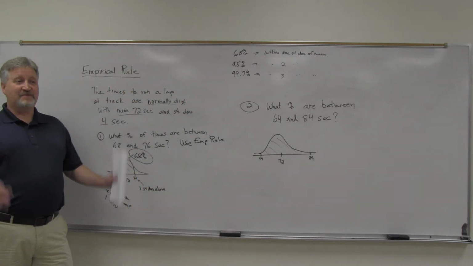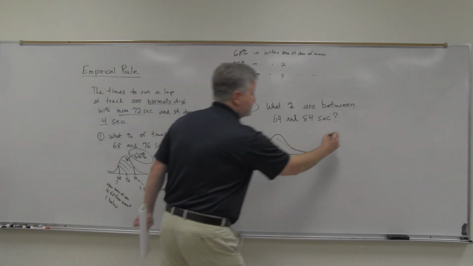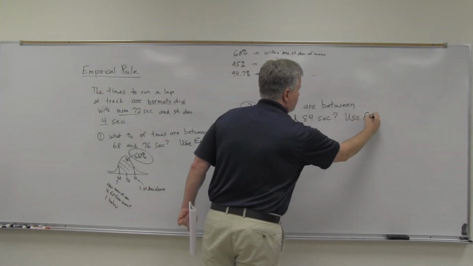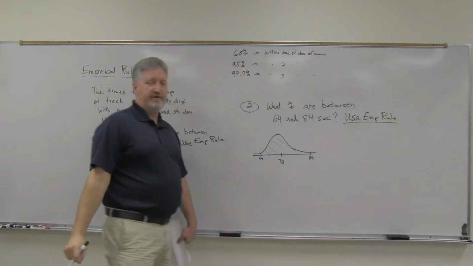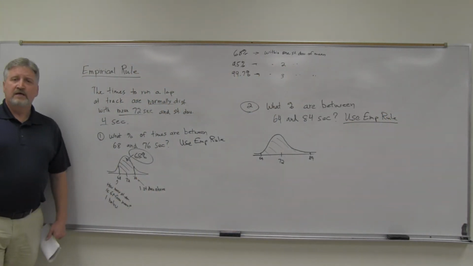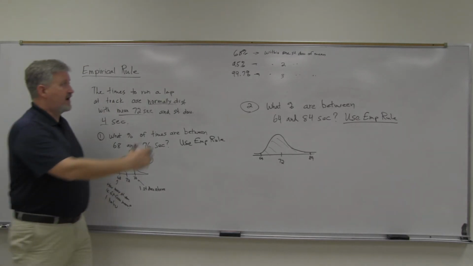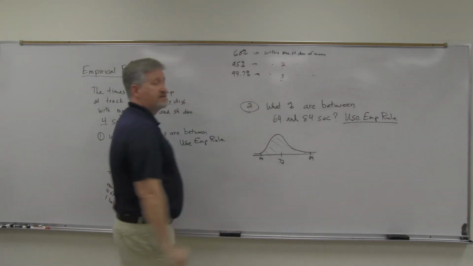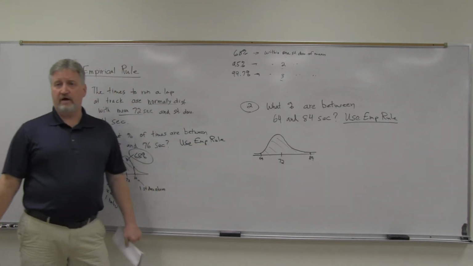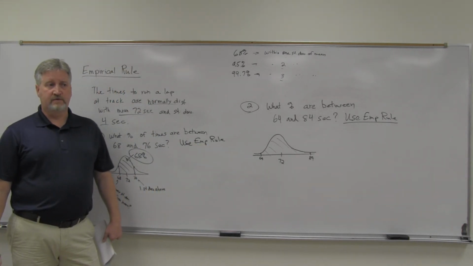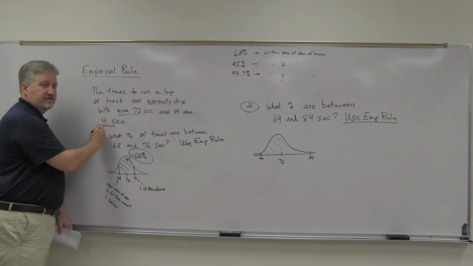Yeah, but in this particular case, using the empirical rule, we'll do it another way in a second, I need to figure out that the empirical rule is based on these standard deviations away. How many is 64 away from 72? How many standard deviations? A standard deviation is 4.